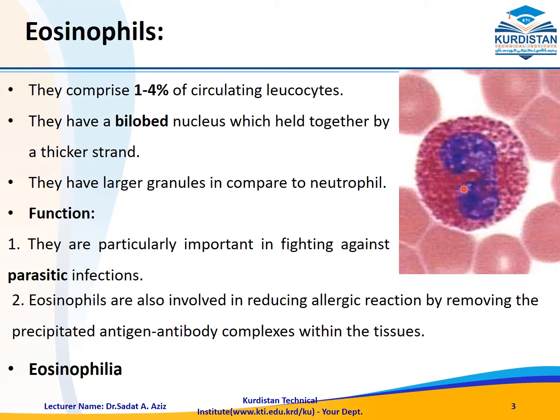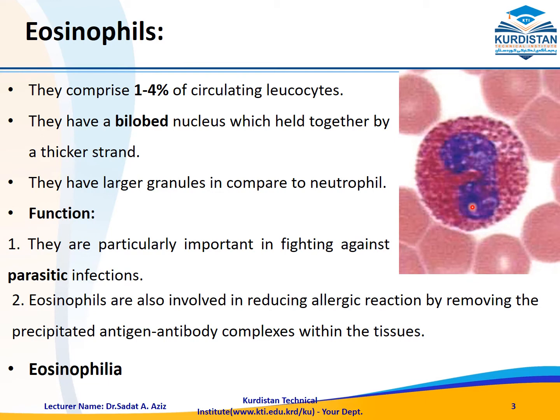Only 1 to 4% of the circulating leukocytes are made of eosinophils. And the cytoplasm of eosinophil is occupied with large reddish granules when it is stained properly and checked under light microscope.